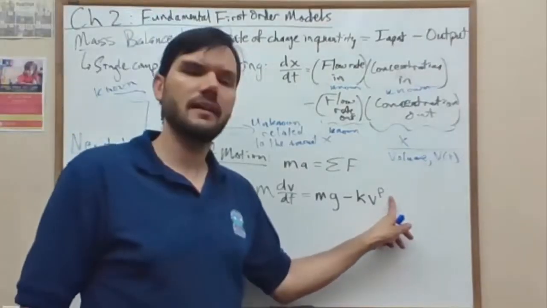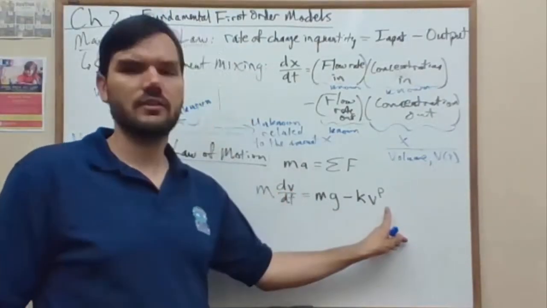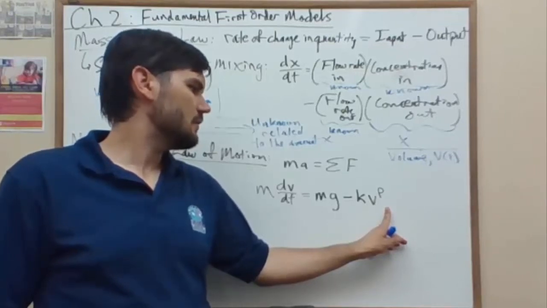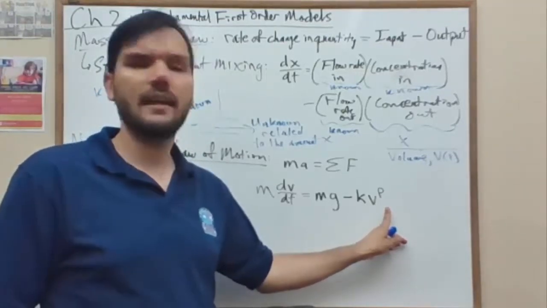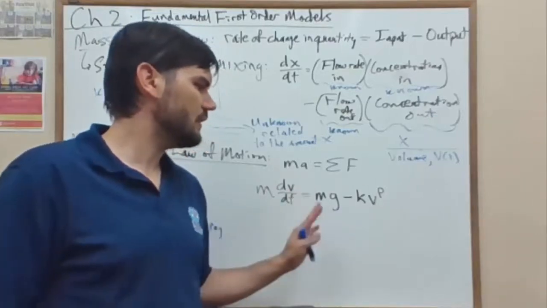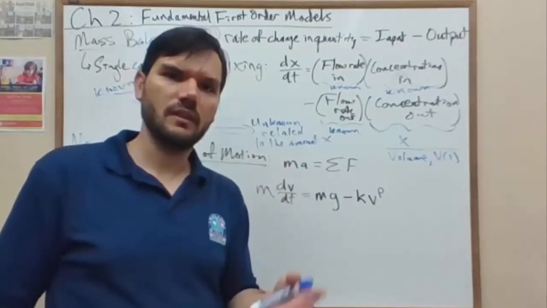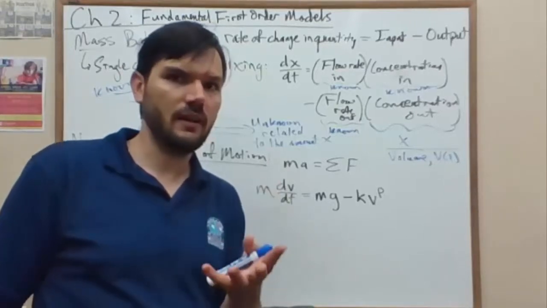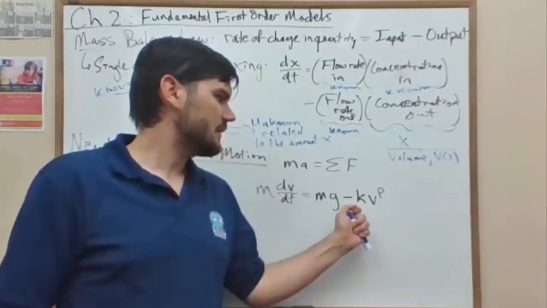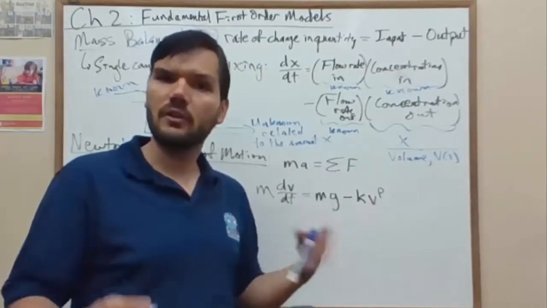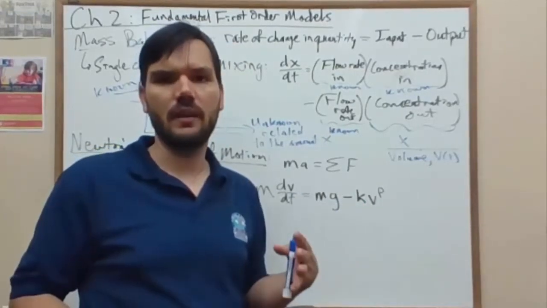When p is 1, we have a nice linear differential equation. When p is 2, or any other number than 1, it's nonlinear and is a little tricky to solve. But there's an example in section 2.5 where we look at doing a substitution that then turns this into a Bernoulli equation and can be solved from there.